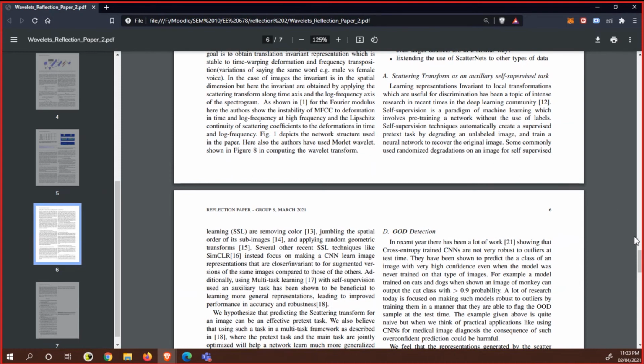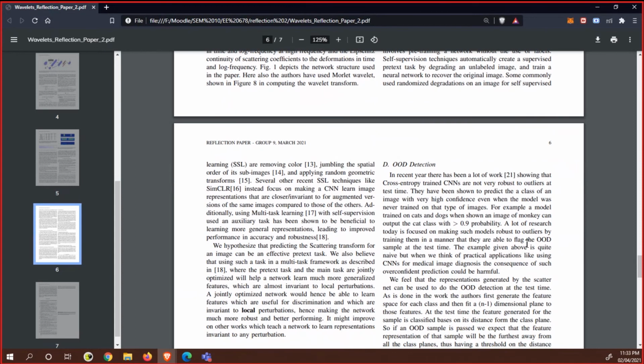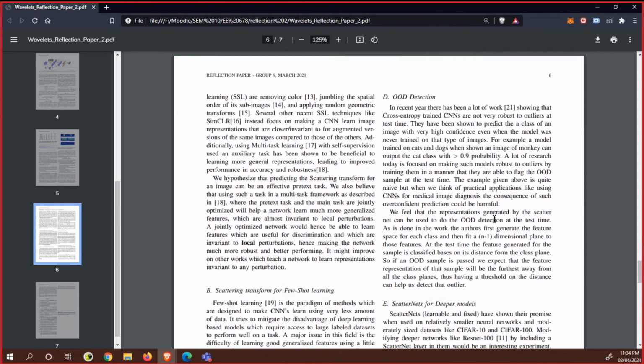Many of the recent self-supervised techniques have focused on instead learning a representation which is invariant to several different augmentations, for example, decolorization, Gaussian blur, noise, or applying some random geometric transforms or random corruptions.